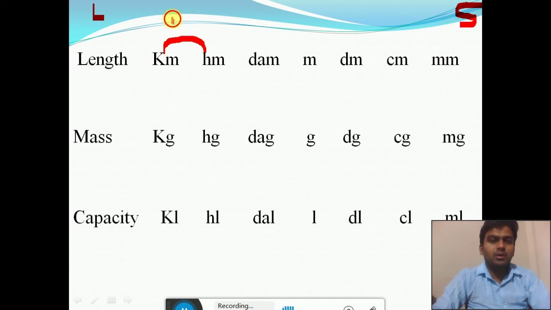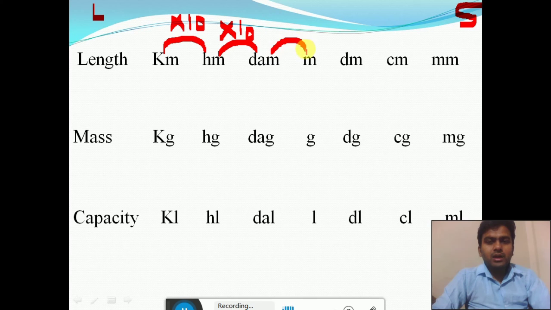If you want to convert a kilometer into a hectometer, you have to multiply it by 10. Like this, for two consecutive units you multiply by 10 when converting a larger unit into a smaller unit.